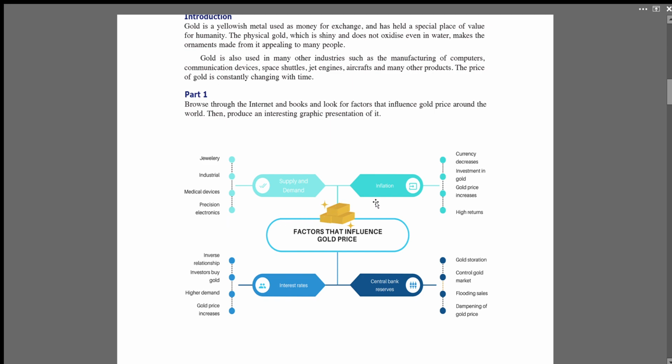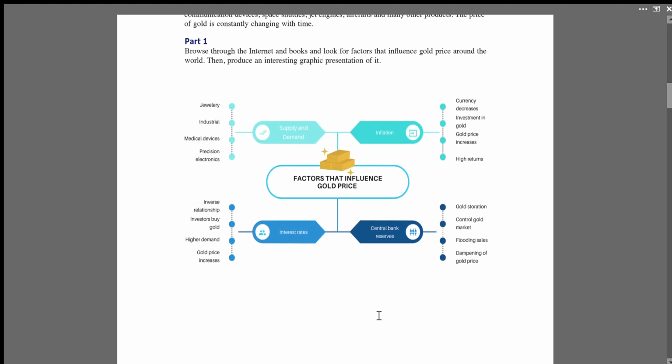The second factor is inflation. During inflation, the value of currency decreases drastically, so more investors invest in gold because the gold price increases, so they can gain higher returns. The third factor is interest rates.